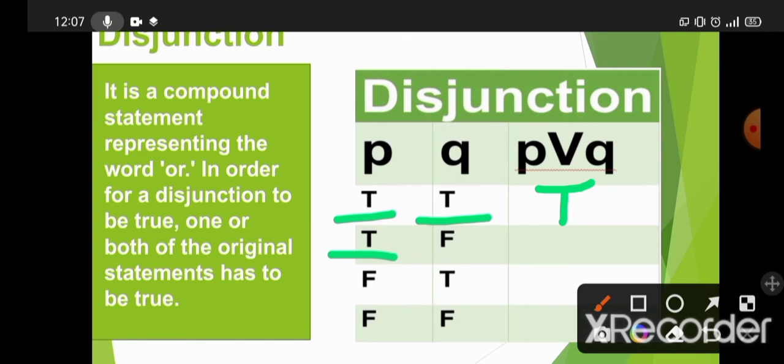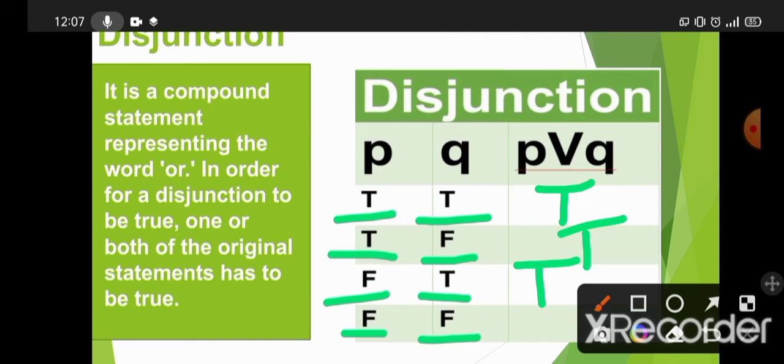So, we have true. And P is false and Q is true. So, it is true. And the last one is P false and Q also false. So it is false because neither has truth.